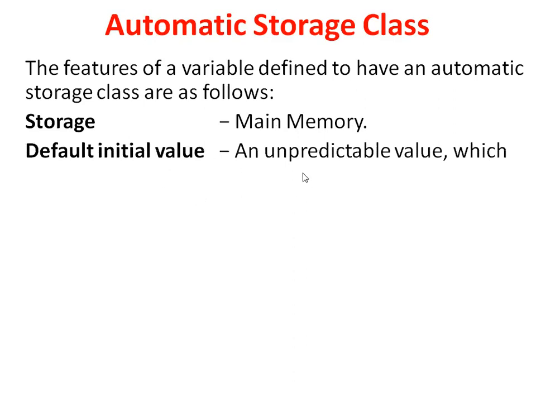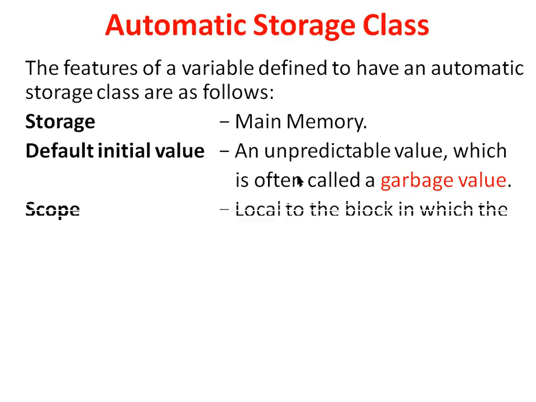Default initial value: an unpredictable value. Generally, this unpredictable value is called a garbage value. That means when we don't initialize a variable with the auto storage class, a garbage value will be present in that variable.